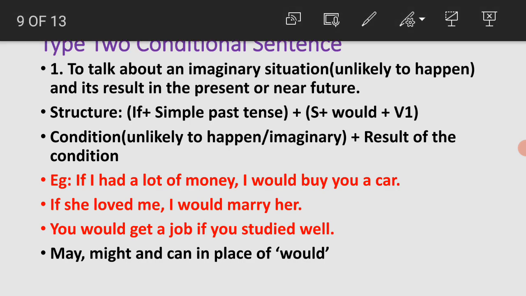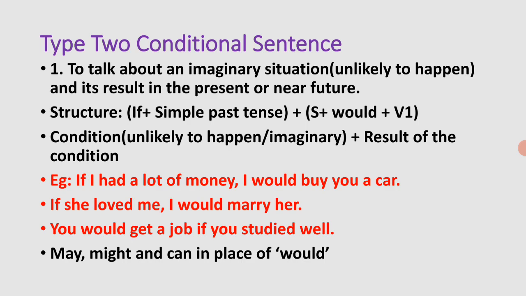If she loved me, I would marry her. Here also we can see would is used in the result part and simple past tense is used in the first part. You would get a job if you studied well. And here may, might, and can be used in place of would.